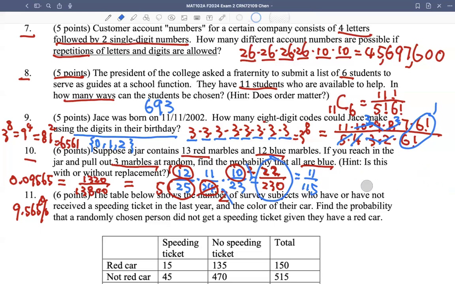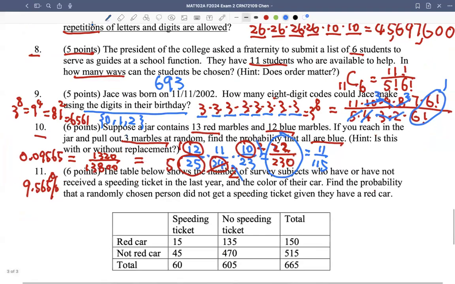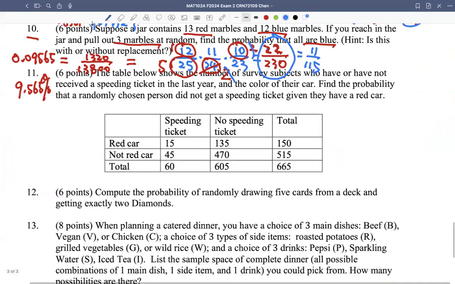So ideally, for question 10, we get 11 out of 115. That'd be the best answer. But as I said, you can leave it as a decimal. Okay.